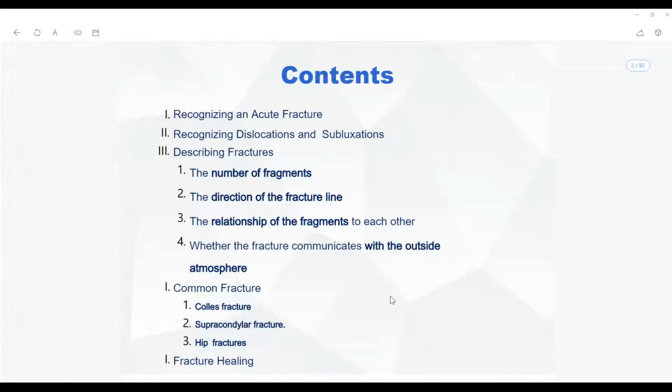And relation to the anatomy, and then we will see some common fractures, and then finally we will go up with fracture healing.